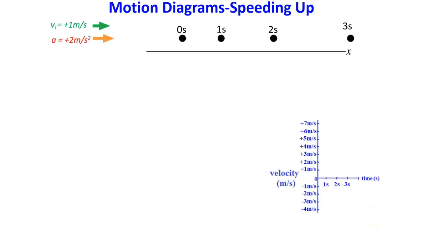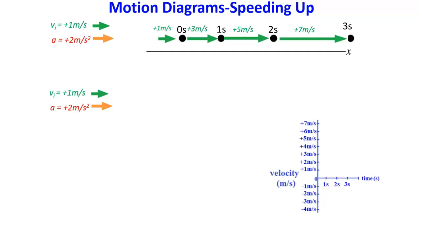Last time we did this problem where we had an initial velocity vector, and that acceleration, which is a push or a pull, is adding a positive 2 meters per second velocity to the initial velocity vector for every second. So in other words, you're moving with an initial velocity of positive 1 meter per second, and then after that first second, acceleration adds 2 meters per second to that initial velocity vector to make 3 meters per second.